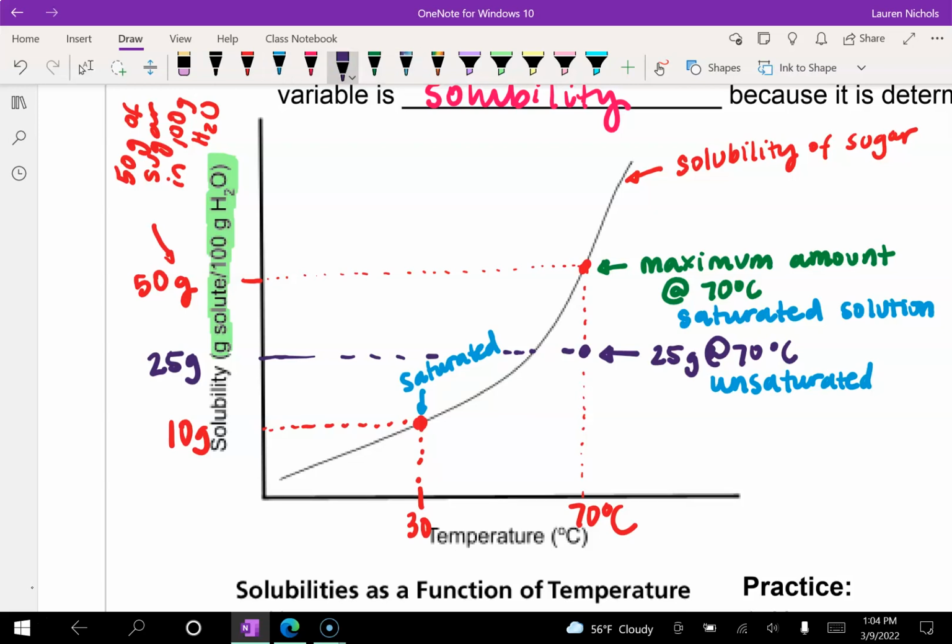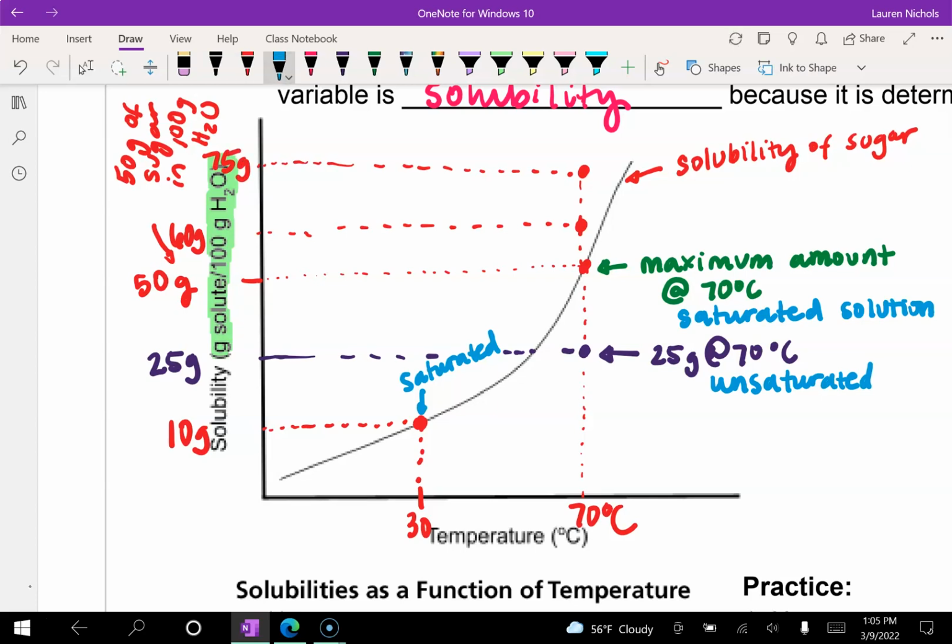Now, if you have amounts that are above the maximum, it's not always going to be supersaturated, so we need to take a look at a couple of key features. So let's say we've got this amount and this amount. Let's say they're both at 70. But let's say this first one is at about 60 grams, and the second one is around, I don't know, 75 grams.